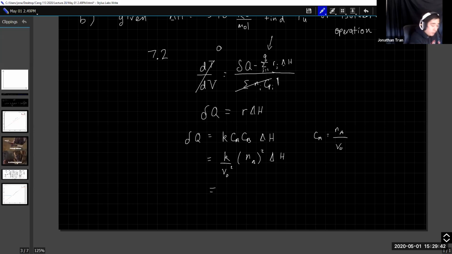Here we can make another substitution for NA such that we get things in terms of the conversion that we had, which is going to give us NA naught times 1 minus 0.5.